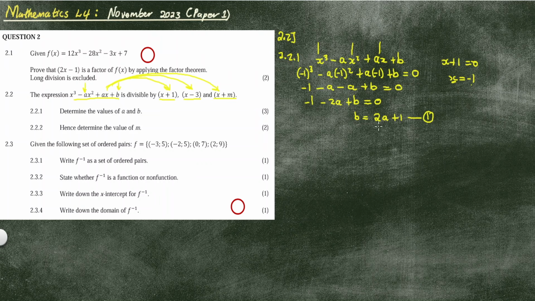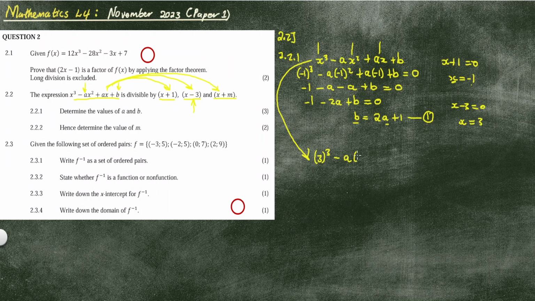Now, after substituting the first factor, we discover that we have two unknowns, a and b. So in order to get a and b, we'll end up with simultaneous equations. So we're going to substitute the next factor, x minus 3. x minus 3 equal to 0. Make x the subject. It's positive 3. Going back to this expression and substituting with 3 this time.